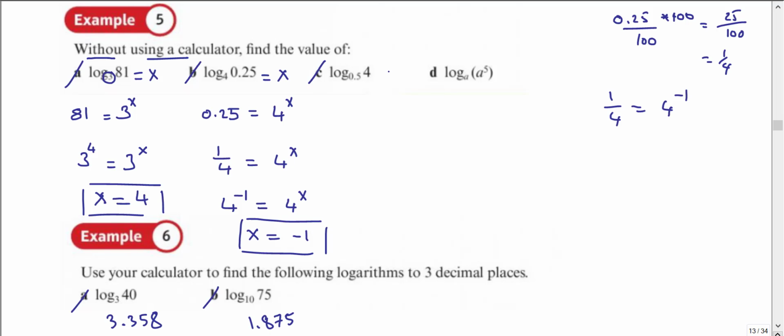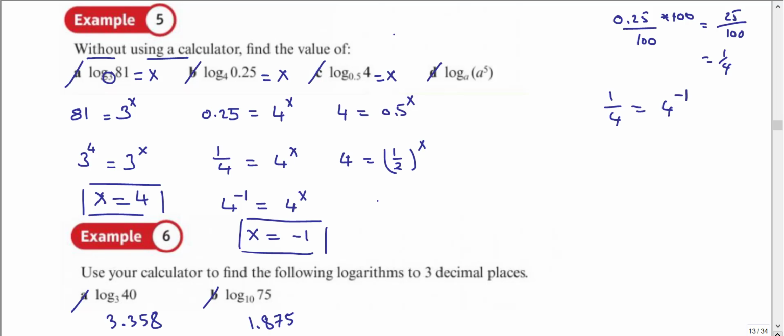Now can you do C and D? Do it on your own and send the answers, quickly. So 4 is 0.5 power x. 0.5 is like half, so half to the power x.